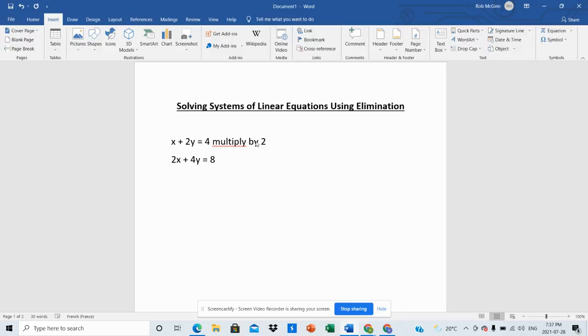Multiply by 2. And so when we do that, we'll get 2x plus 4y equals 8. And our other equation is also 2x plus 4y equals 8. So we can see we actually have the exact same equation.